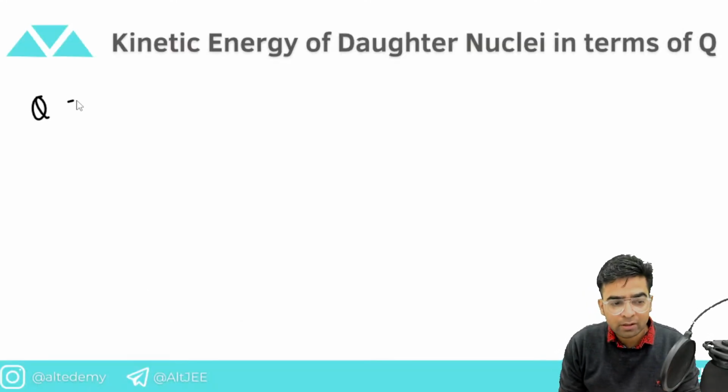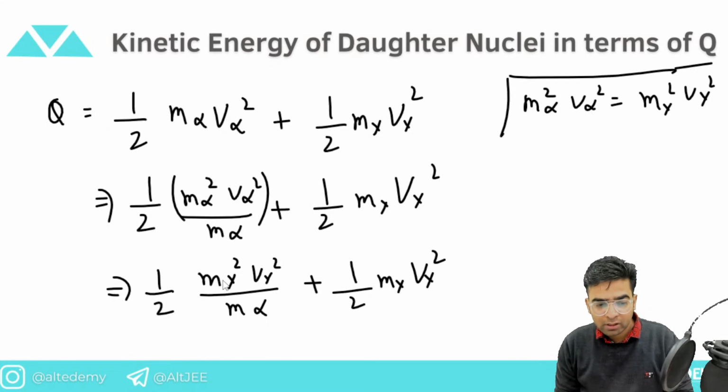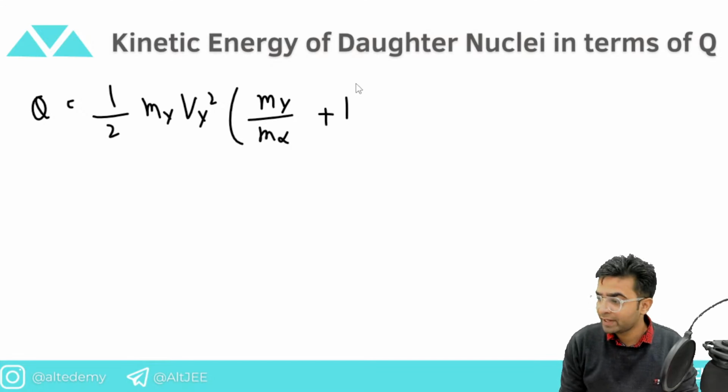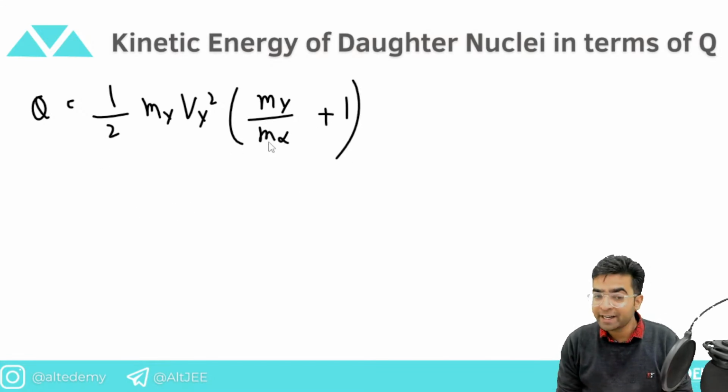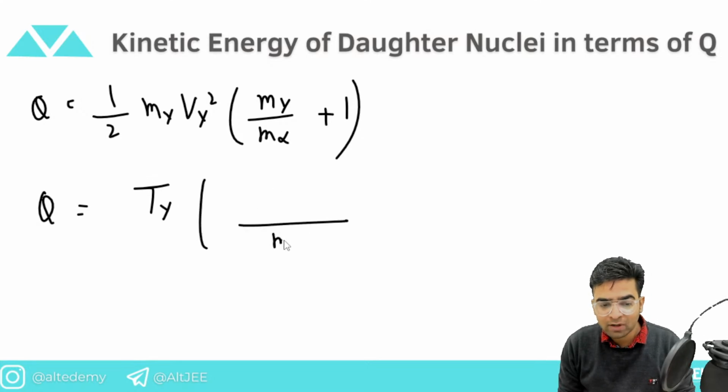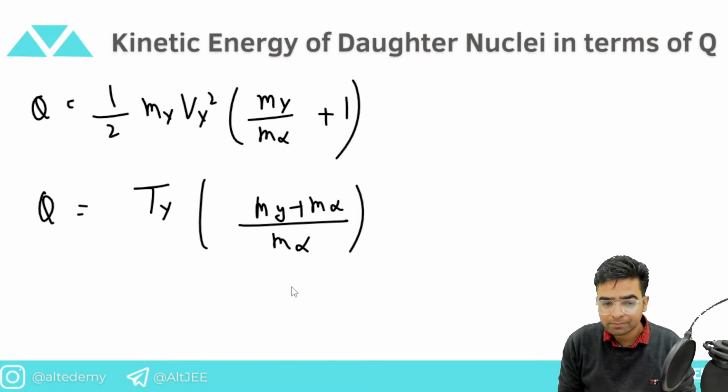So Q will be half m_y v_y square times m_y plus m_alpha upon m_alpha. This is the kinetic energy of the daughter nuclei, T_y.